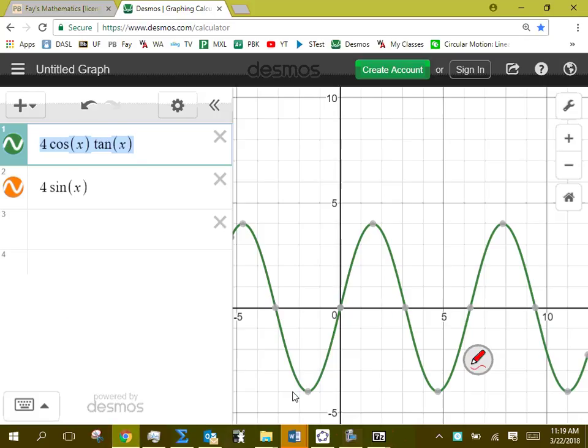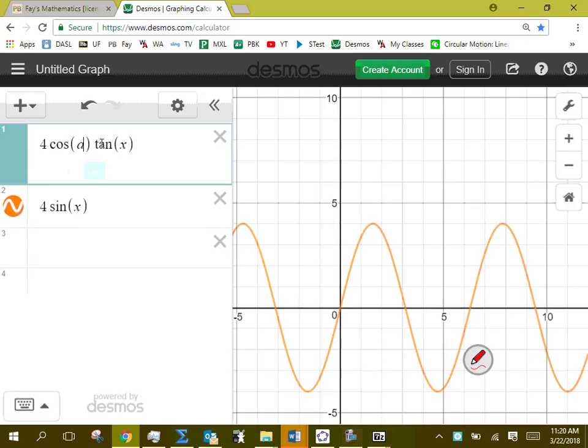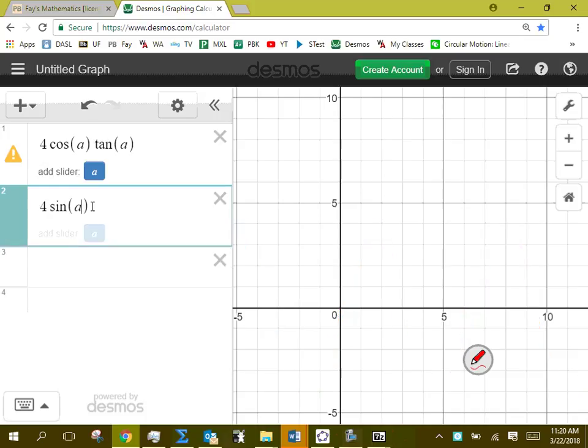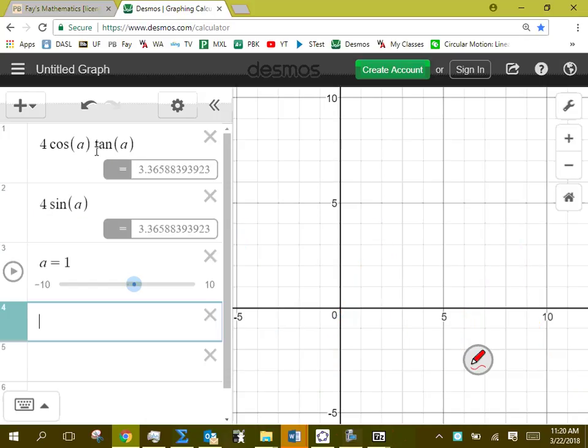I guess another way you guys can check to see if you've done these correctly, I'll go ahead and use Desmos to do this, but you can do the same thing on a TI-83, is that I would type in the expression that I'm trying to simplify, okay? And this could be at any stage throughout the entire problem, okay? Type in whatever I want, okay? Now I use just this a value, and then I type in what I think it should go to. And I think I should have simplified this to 4 sine a.